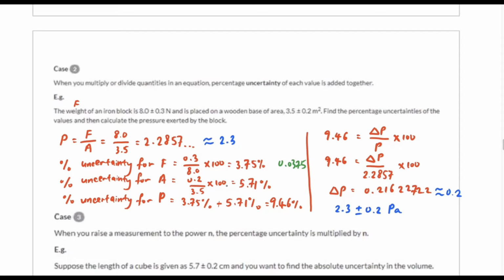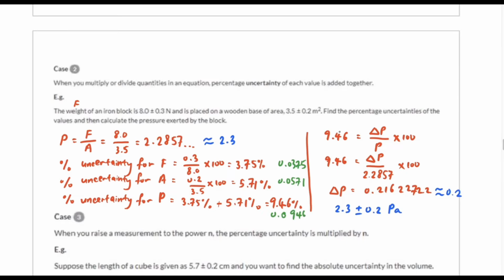So for this one, you don't multiply with 100. You keep it as the fractional uncertainty, and the other one is 0.0571. Then you add up the fractional uncertainty. That means you add up these two. So you get 0.0946.